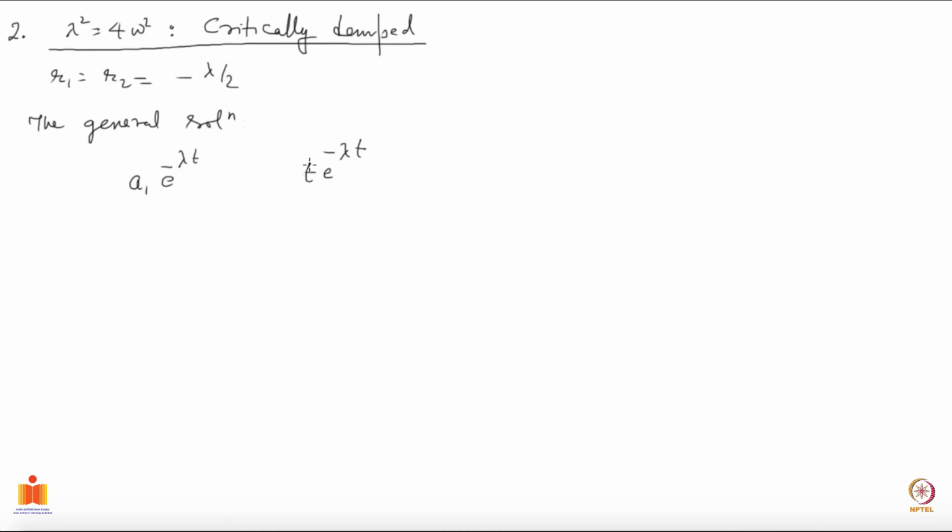You get a factor of t here, as you know from your study of differential equations. Of course I should include another constant and add them up to get the solution for my entire system. You can take the real part of this and that will be your solution. But anyhow, you see that this is again a non-oscillatory motion. It is a non-periodic motion, and also it is damped exponentially.